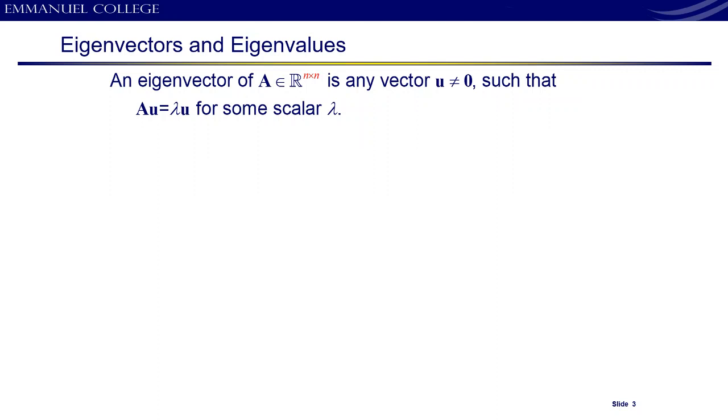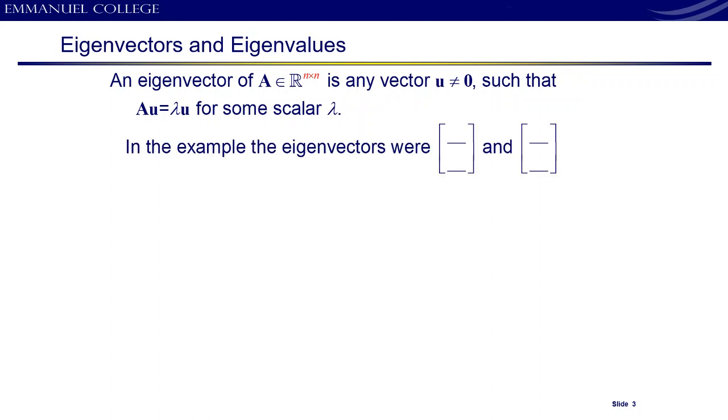That means there's a matrix that when multiplied by the vector yields the same result as just a constant multiplied by the vector. And we use the Greek letter lambda to represent that.